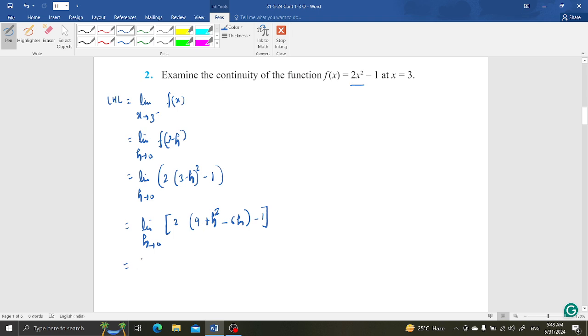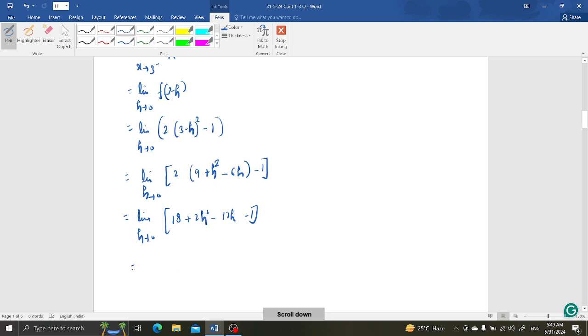If we apply the limit h tends to 0, what do we get? 18 plus 2h square minus 12h minus 1. Now we can apply the limit directly. Simply we get 18 minus 1, 17. So it is your LHL. That is your first equation for this question.